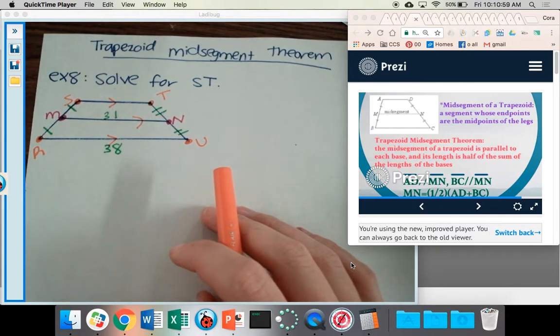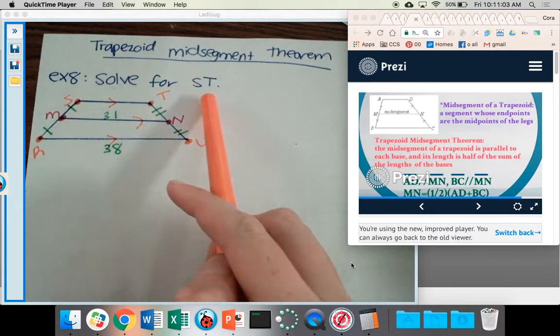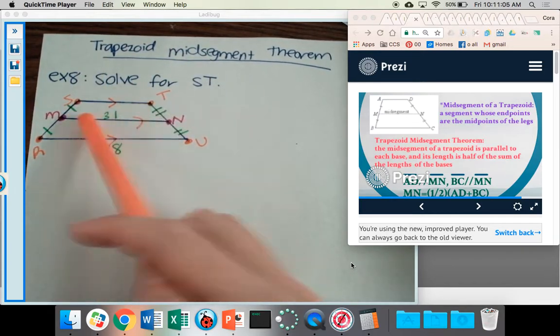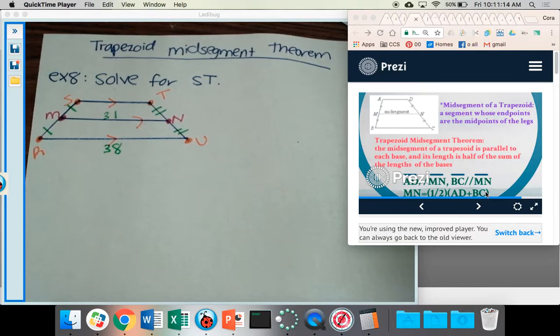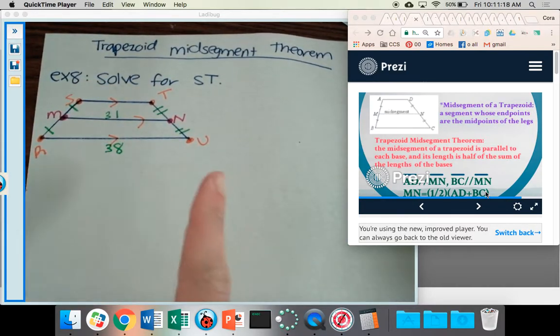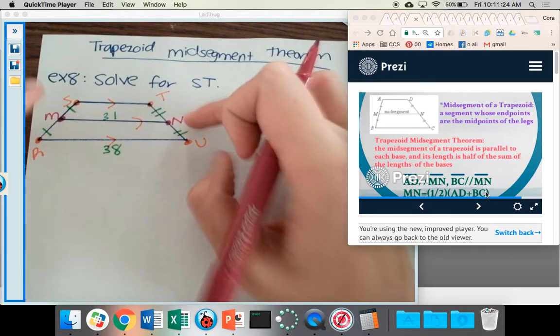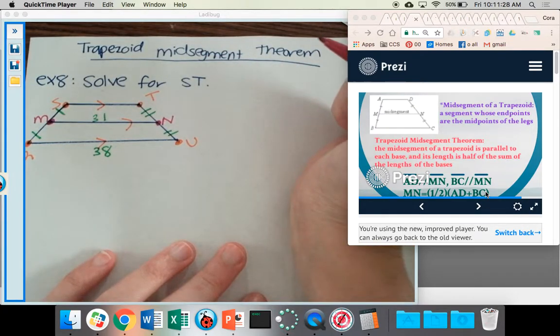When we solve this, we're going to be solving for ST. So I want to know what ST is. In order to do that, we're going to use the mid-segment theorem found in trapezoids. Which segment in the trapezoid is the mid-segment, the segment connecting these two midpoints?